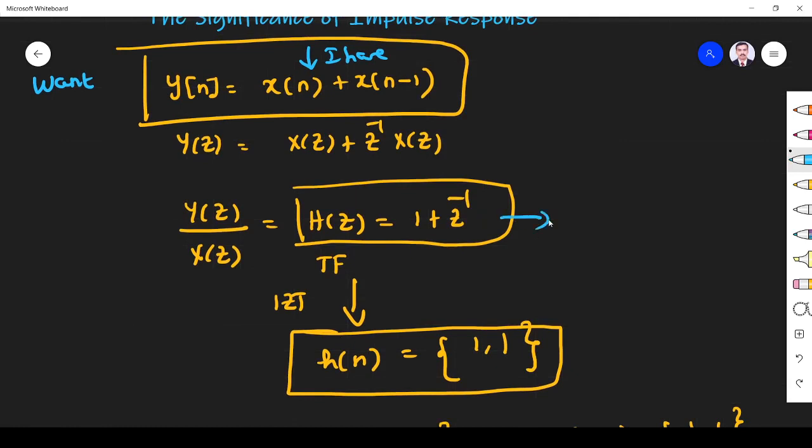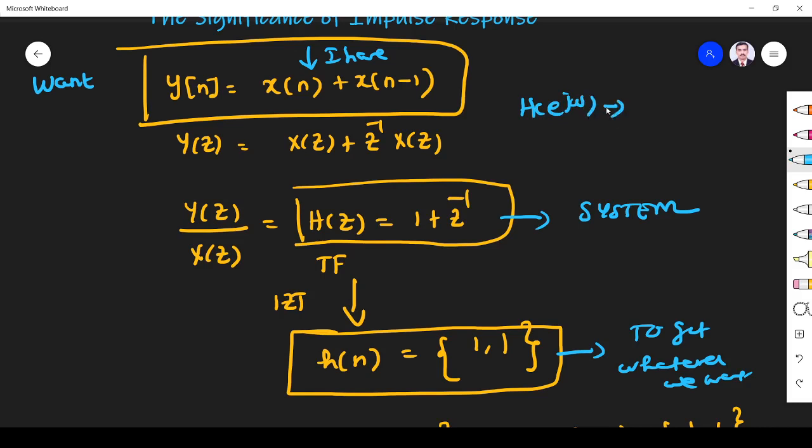So h of z is useful for system design, to get whatever we want. Whereas h of e power j omega, the frequency response, indicates how the system responds to different frequencies. So this is the frequency response, this is the impulse response, this is the transfer function, right?